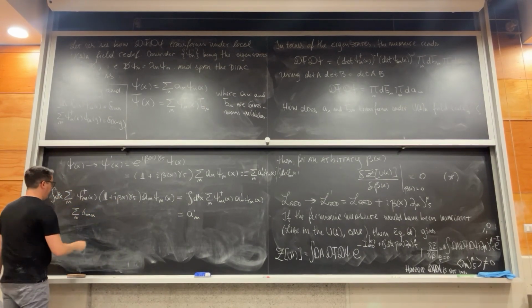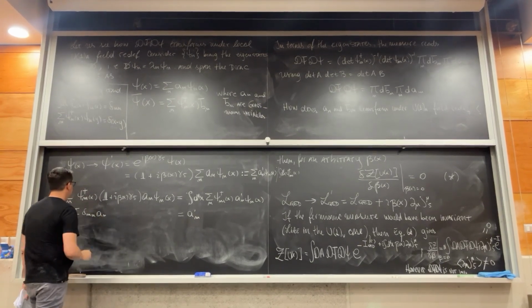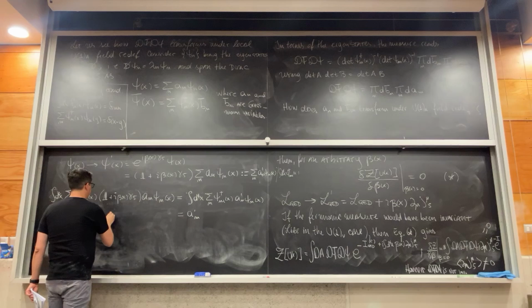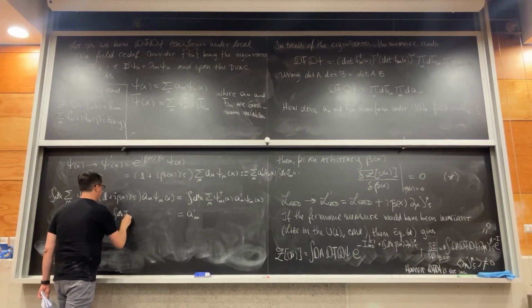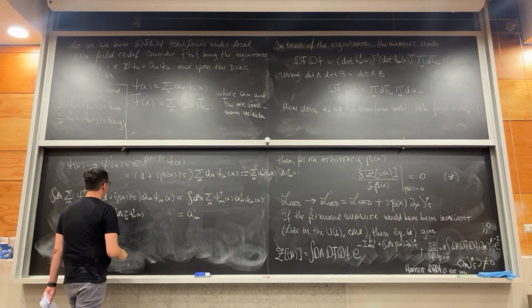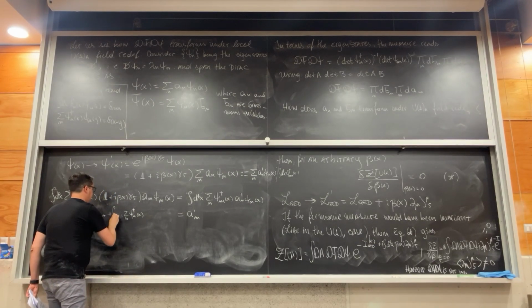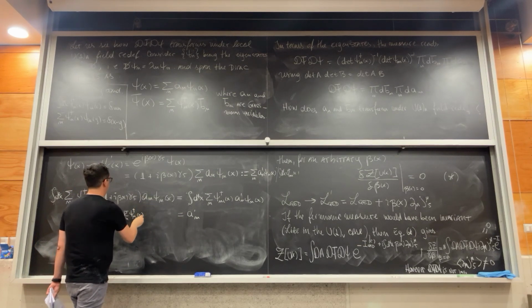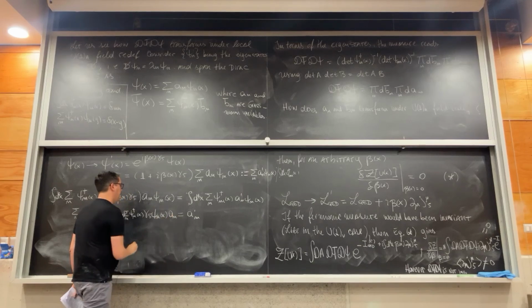I perform the integral in the first, this is a n, and the other one will be just the integral d^4x, the sum over n psi dagger n x, there is a beta that I will put here, and now in between I have the gamma 5 psi n x a n.